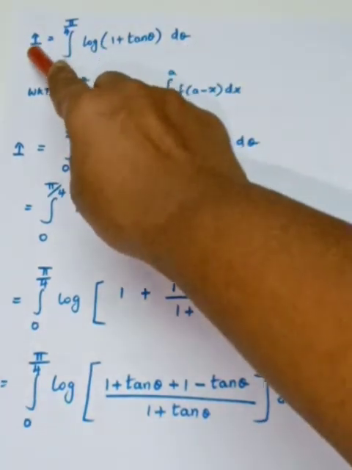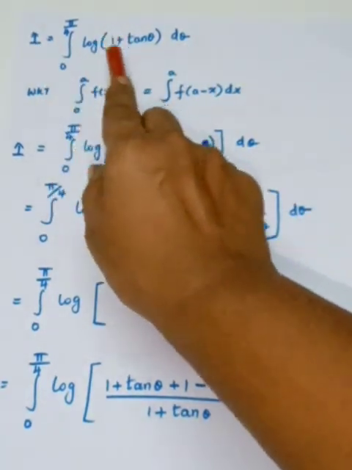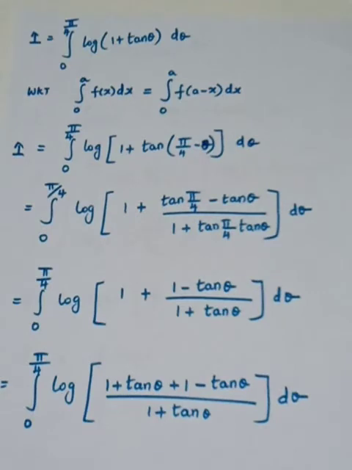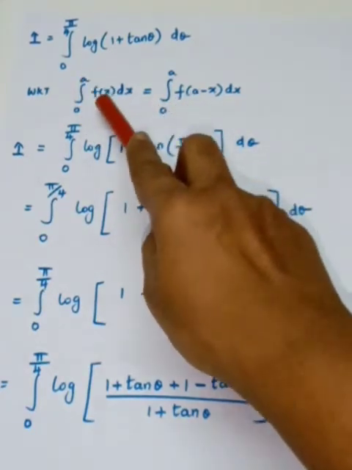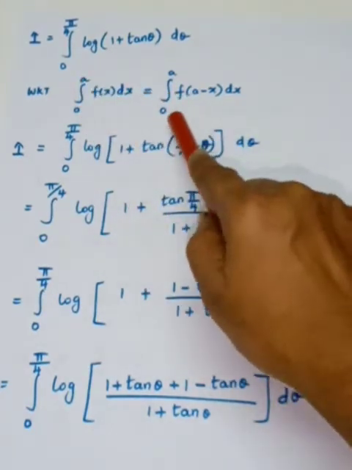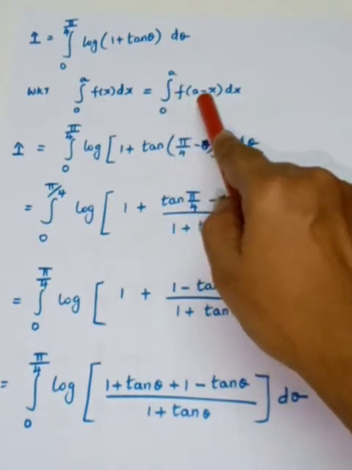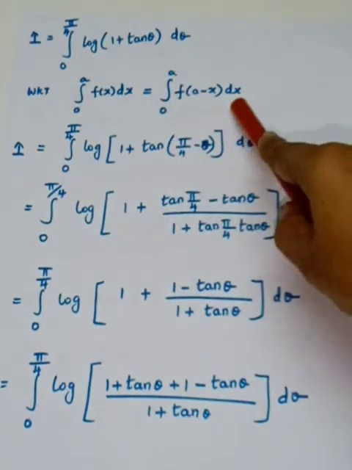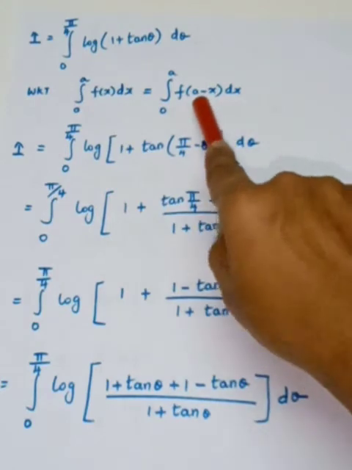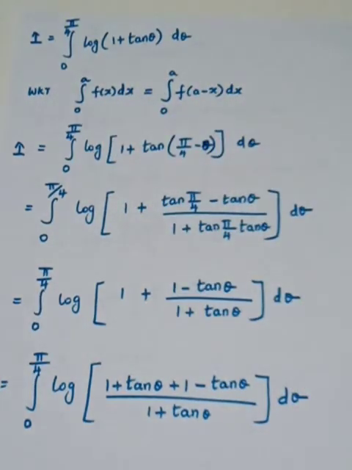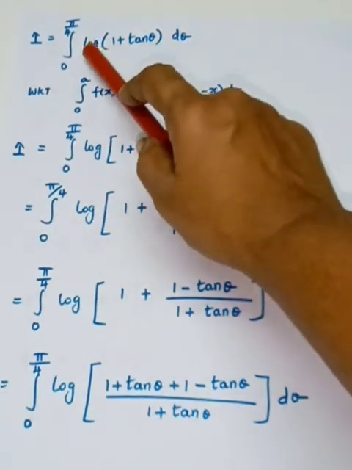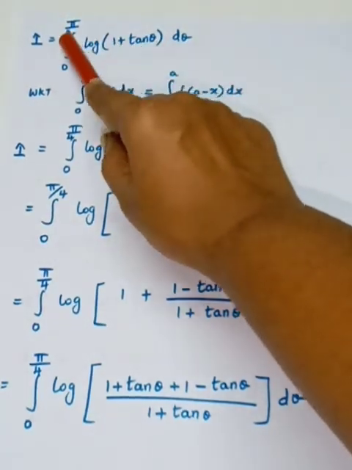So call this your I. So it has to be integrated. Then you have to apply the limits. So before moving to the integration, here you have to use this property. Integral 0 to a f of x dx is equal to integral 0 to a f of a minus x into dx. So x has to be replaced by a minus x. Both the integral values are same. Here in your integral, what is your a? A is pi by 4.